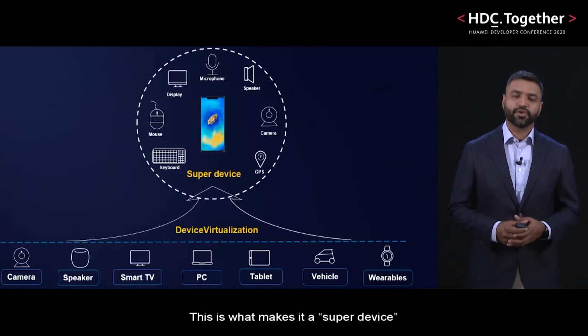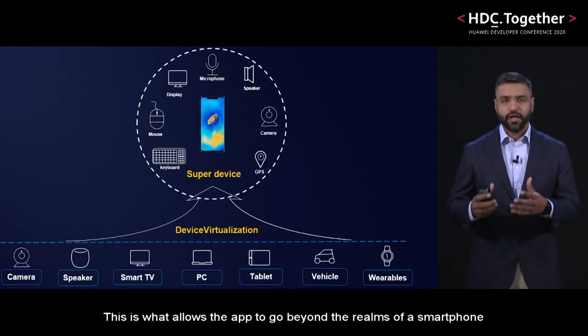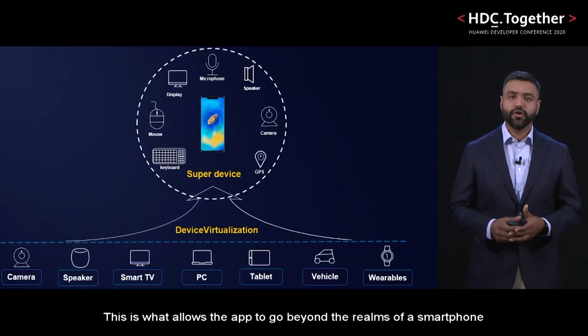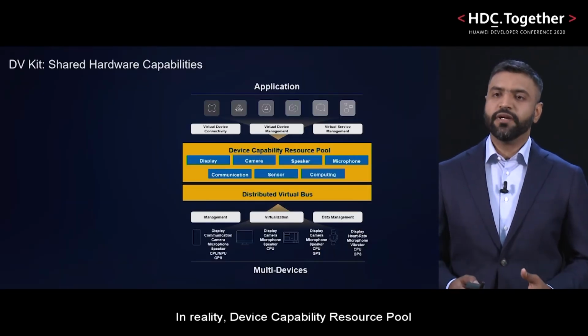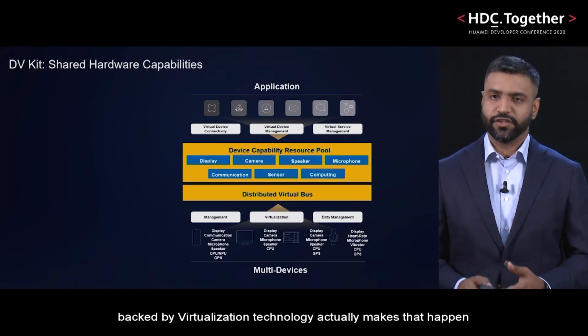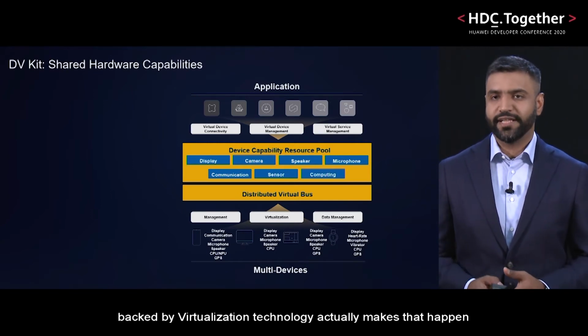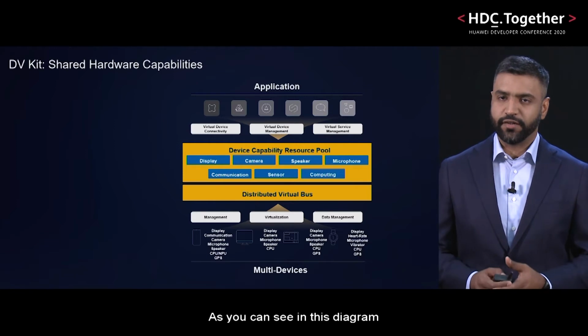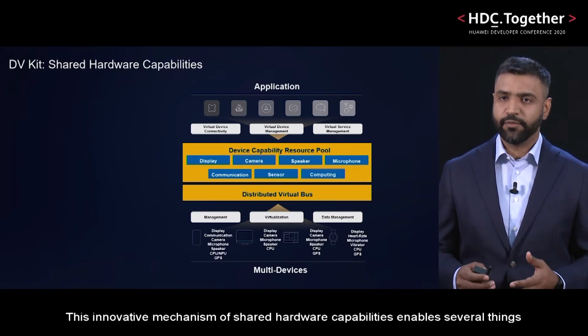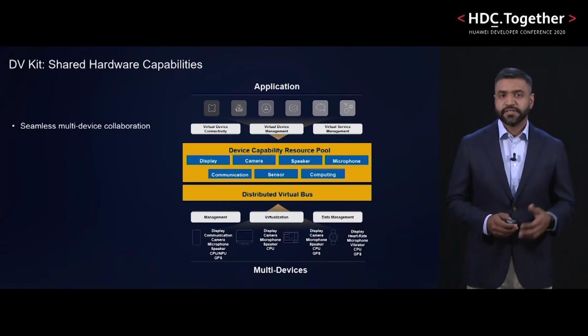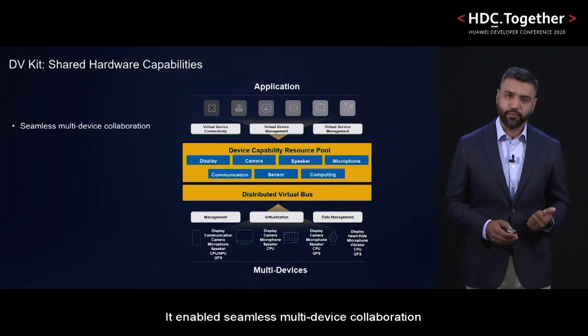This is what makes it a super device, and this is what allows the app to go beyond the realms of a smartphone. In reality, a device capability resource pool backed by virtualization technology actually makes that happen, as you can see in this diagram. This innovative mechanism of shared hardware capabilities enables several things. It enables seamless multi-device collaboration.